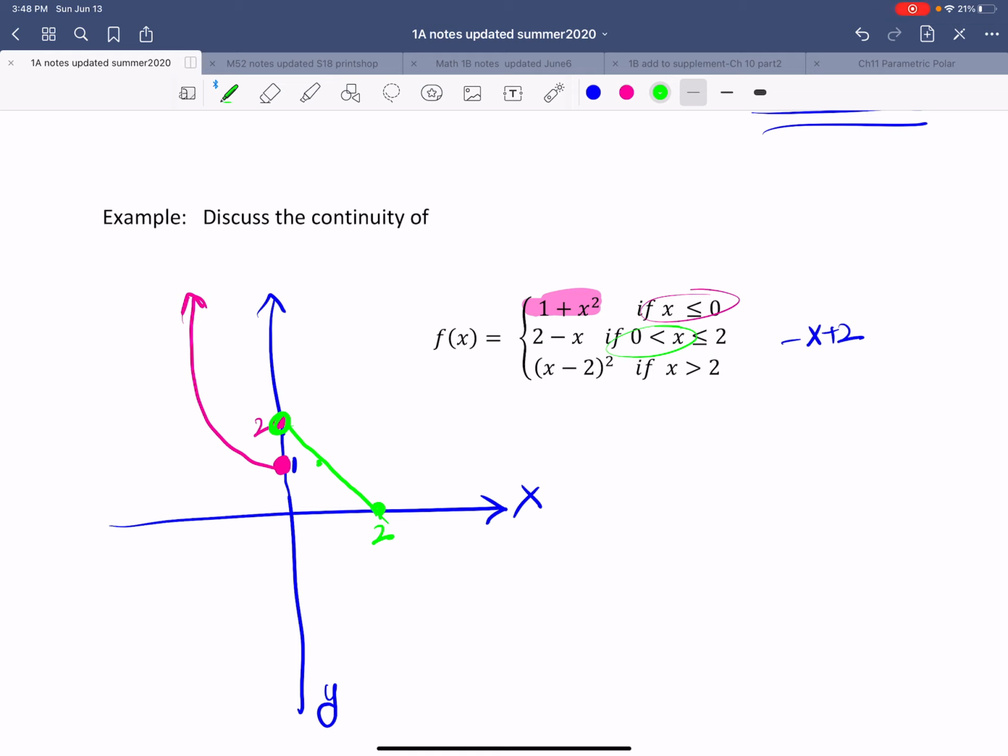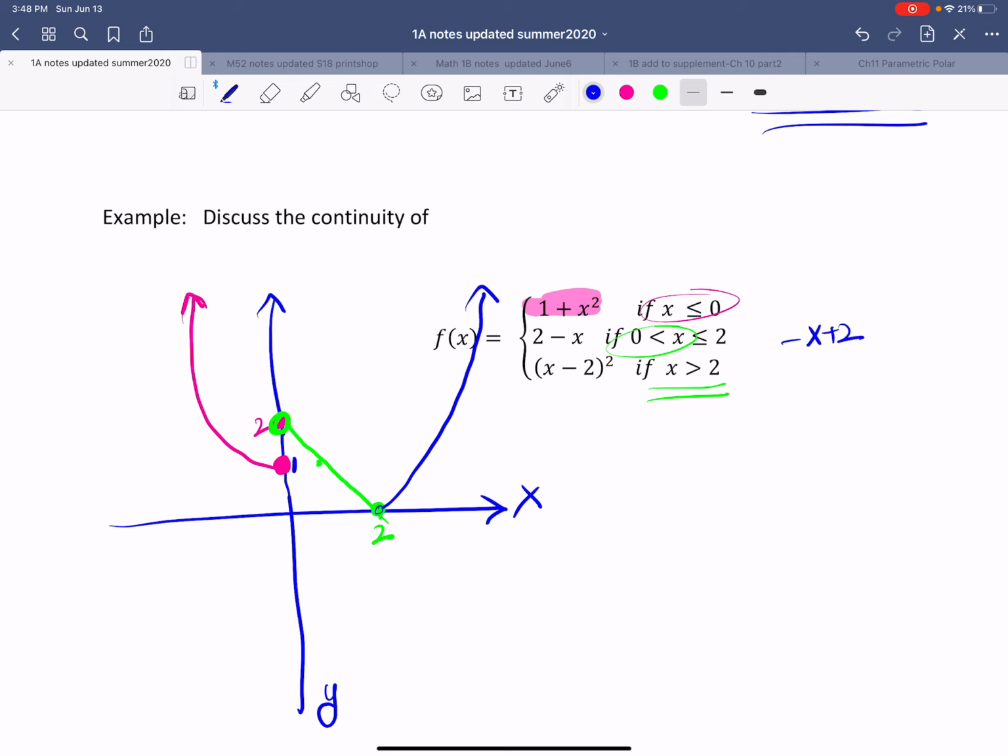For x greater than 2, my graph looks like x minus 2 squared, which is also a parabola. When x is 2, y will be 0, so I do have a closed dot covering the hole here. And when x is 3, y would be 1, so it's a parabola going up like that.